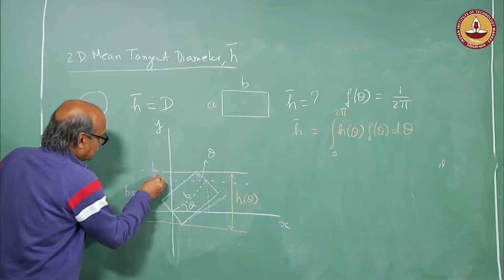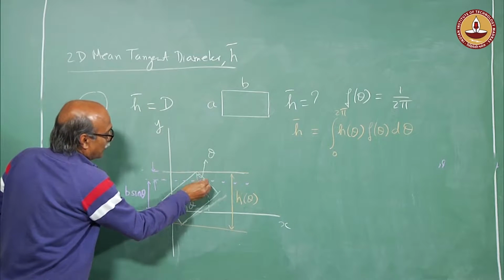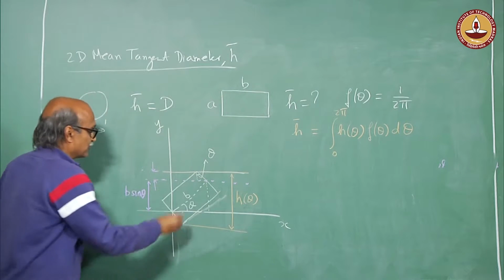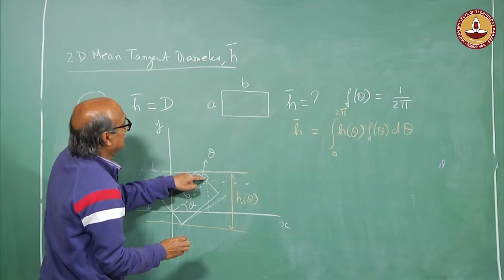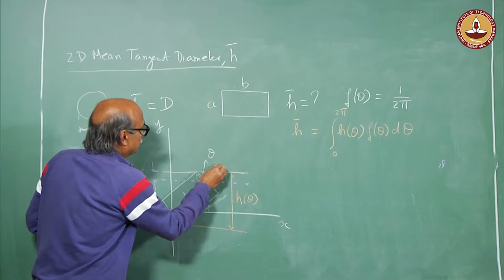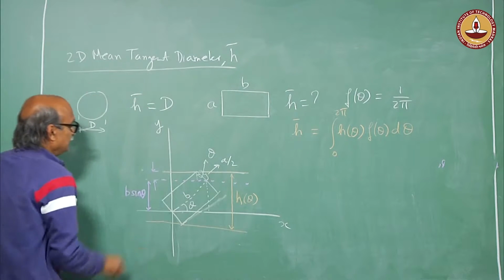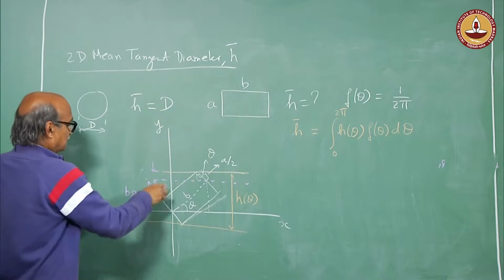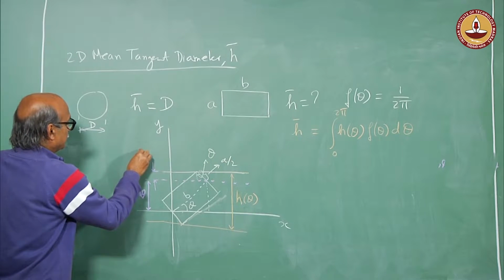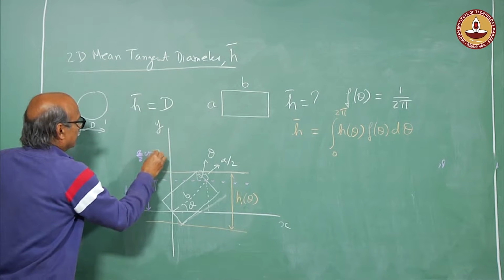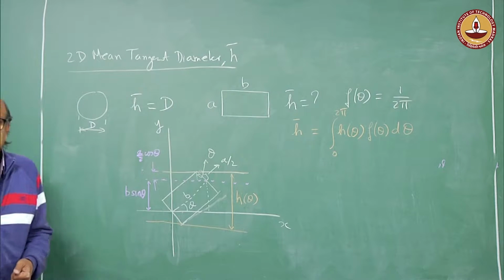Hence, if you consider this small triangle, what is this length? This is a by 2. Hence, this length would become a by 2 cos theta.